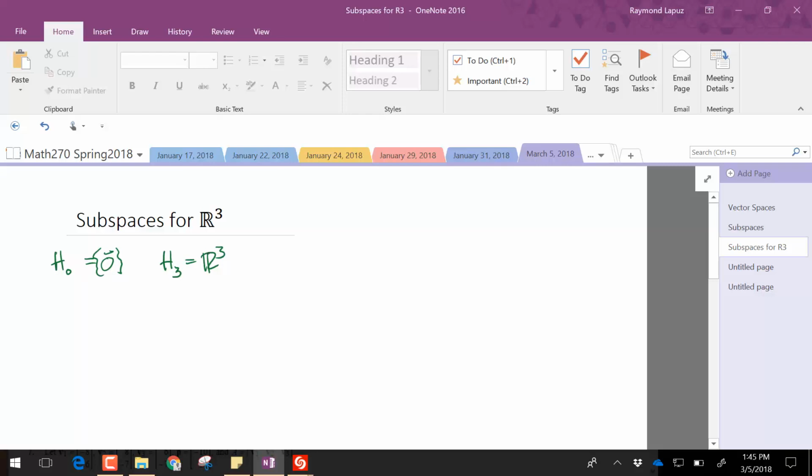So these are subspaces, the degenerate case and the whole thing. So now let's see if we can find proper subspaces of R3. A one-dimensional case is what? A plane, so that's a two-dimensional case. A plane through the origin, and then the one-dimensional case is the line through the origin. Okay?